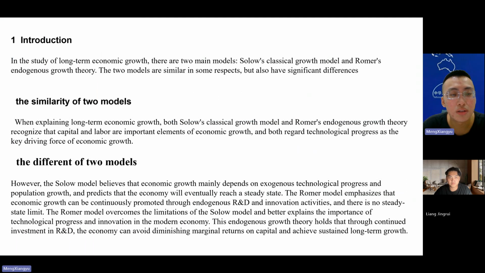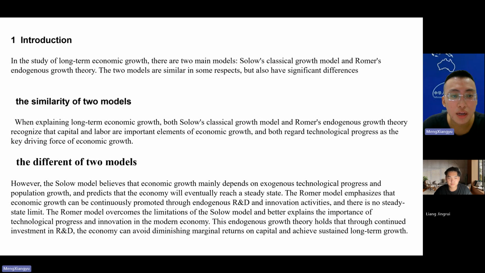In the study of long-term economic growth, there are two main models: Solow's classical growth model and Romer's endogenous growth model. The two models are similar in some respects, but also have some significant differences. Let me introduce the similarities of the two models.